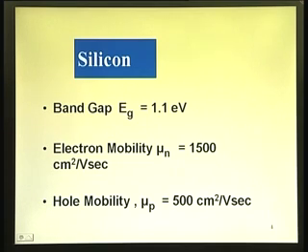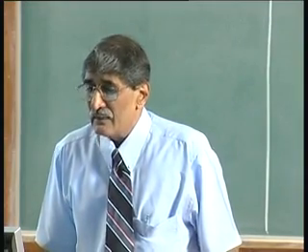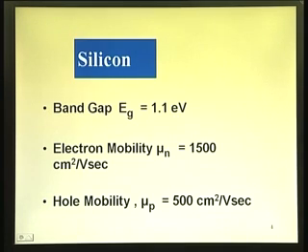We also said why silicon is all pervasive, or today we can say it is omnipresent. It has a band gap of 1.1 electron volts and electron mobility of 1500 centimeter square per volt second. It has hole mobility of 500 centimeter square per volt second.